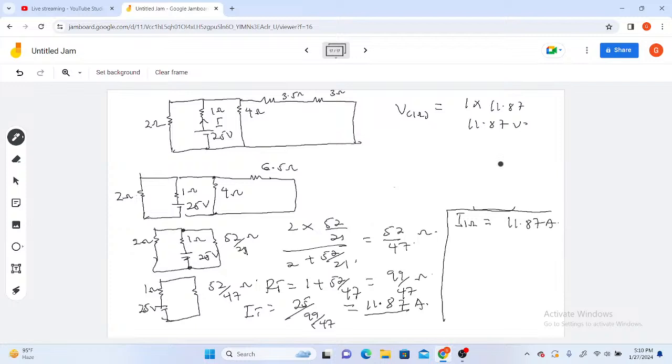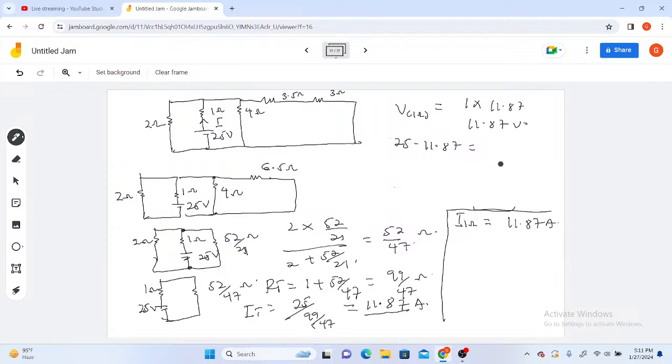So the 25 volts here will have part of it deposited here, and the rest will then be distributed to the others. So once I know that 11.87 volts out of this is deposited here, the remaining voltage becomes 25 minus 11.87, and that is giving me what? 25 minus 11.87.